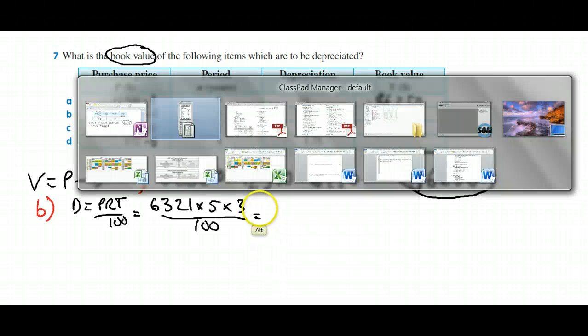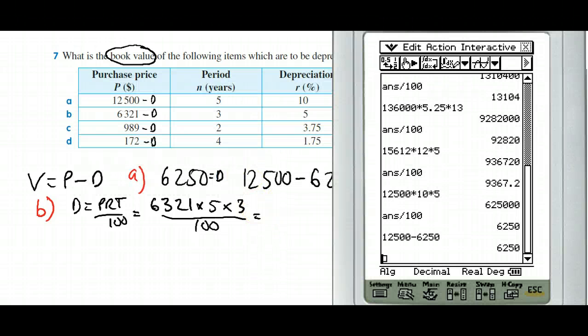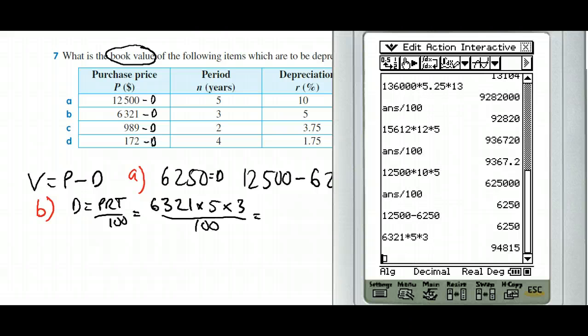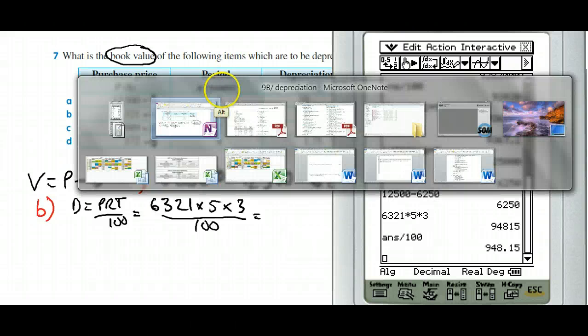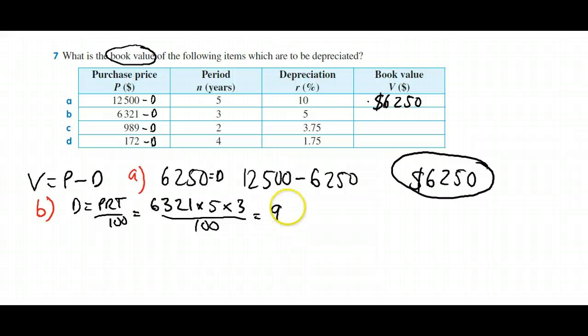So 6321 times 5 times 3 divided by 100, 948.15. That's D. And then we've got to do 6321 minus 948.15 to get our book value.